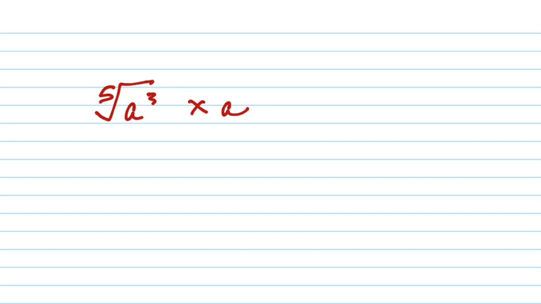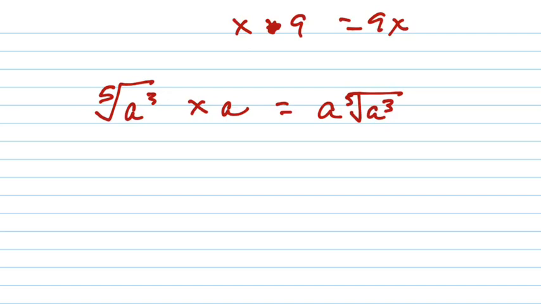So if you were doing x times 9, for example, what would that be? Yeah, x times 9 would be just 9x. Well, the fifth root of a to the third times a is just a times the fifth root of a to the third. This a is like a whole number. It's not underneath a radical, so it can't affect the stuff that is under a radical. Right? So be careful.